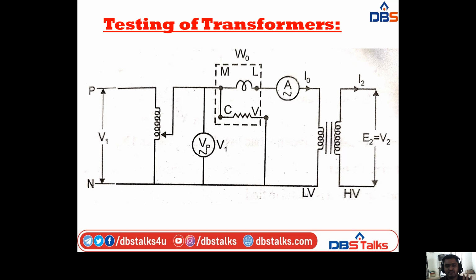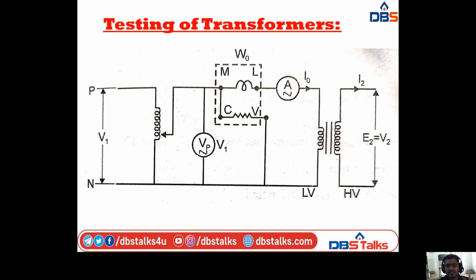In the open circuit test, the primary winding is connected to the supply voltage V1, and the secondary is in open condition. At that time we have E2 equal to V2. In this one we have I2, the secondary winding current. Here we have the wattmeter, voltmeter, and ammeter. In the wattmeter we have 4 terminals.